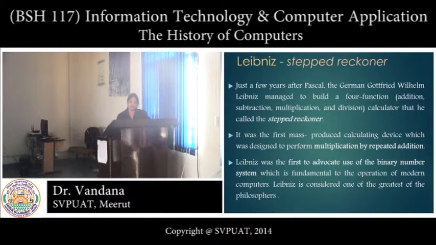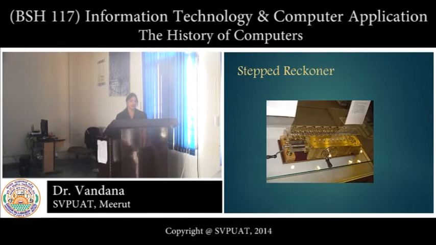Not only this, addition, subtraction, multiplication, division, all 4 operations can be performed on this device. Moreover, binary numbers came into existence from this only because he is the first person who advocated the use of binary numbers. You people are using binary numbers in modern computers for adding, for subtracting, or for performing any operation.